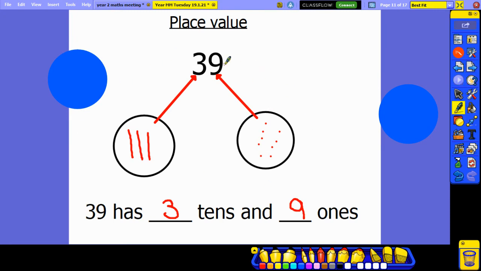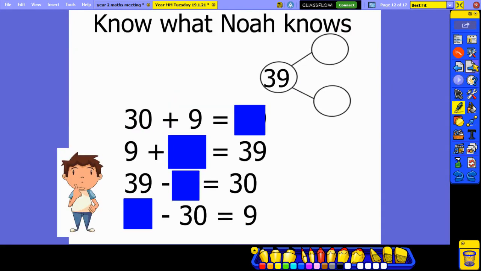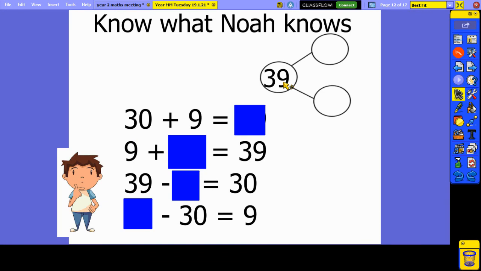Now remember that because we're going to use that knowledge to know what Noah knows. I've used the number 39 as our whole again. Here's my part whole model, and I've got 4 equations, 2 addition and 2 subtraction. Do you know what Noah knows to work out the missing number?